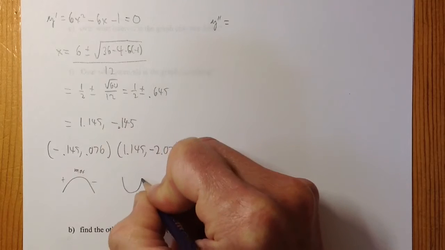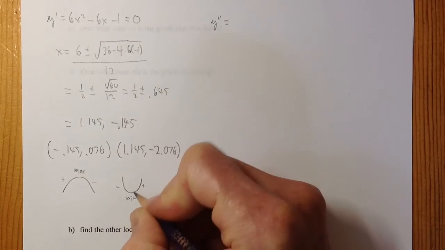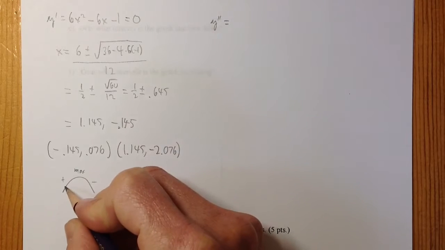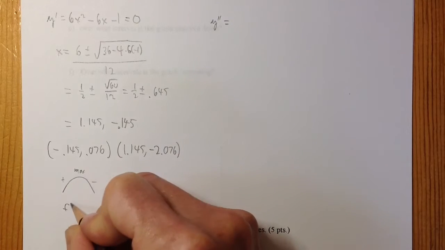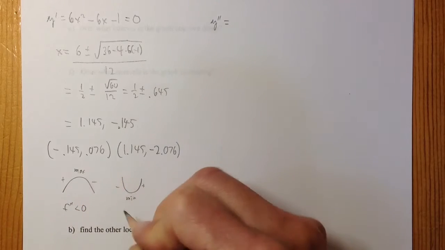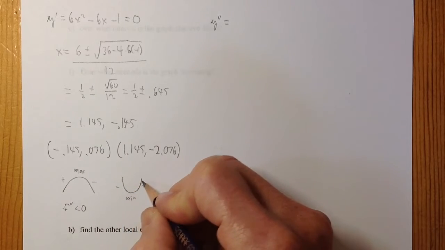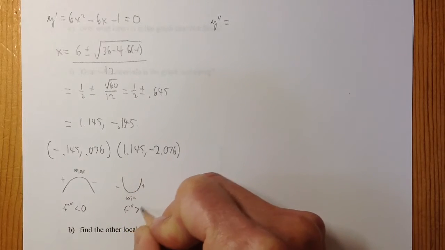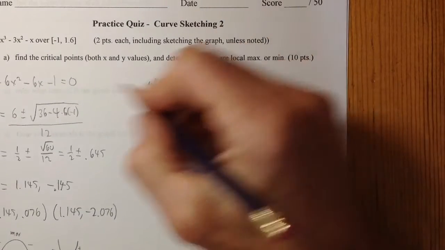And if it goes from a negative to positive slope, we know it's a min. Or we take the second derivative. If the slope is changing from positive to negative, the second derivative is less than 0. Here this slope is changing from negative to positive, so the second derivative is greater than 0. I'll do the second derivative one because it's easy here.